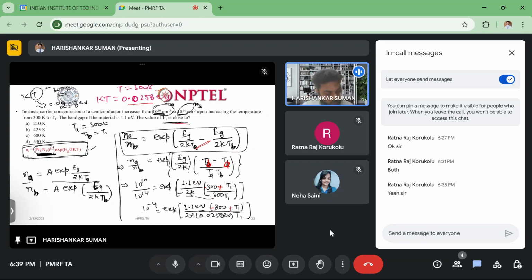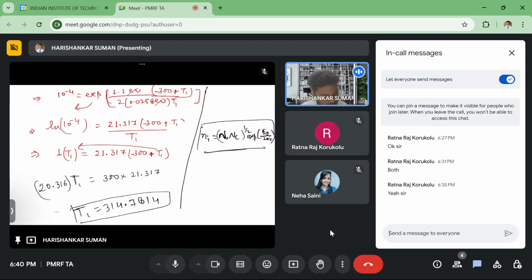Let's say for the first case this is Na and this is Nb. For Na and Nb, divide the expressions and put in the values of Na and Nb, and you will get this expression.